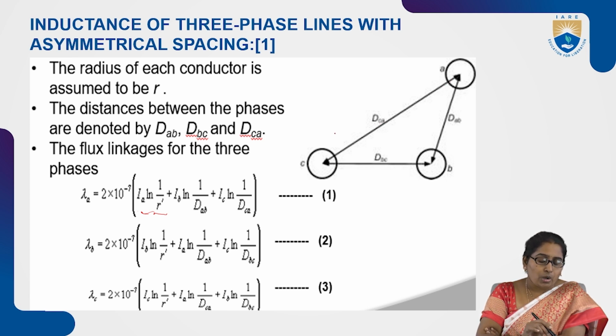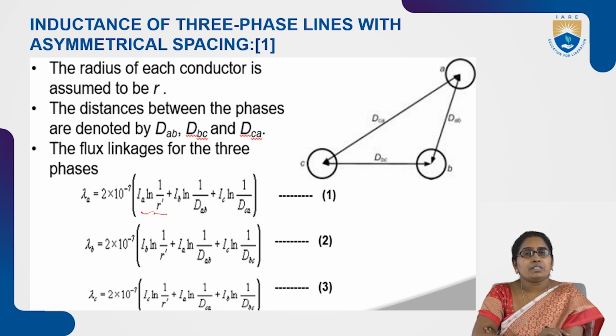Call that equation 1. In the same manner, the flux linkages of conductor B and conductor C are written.